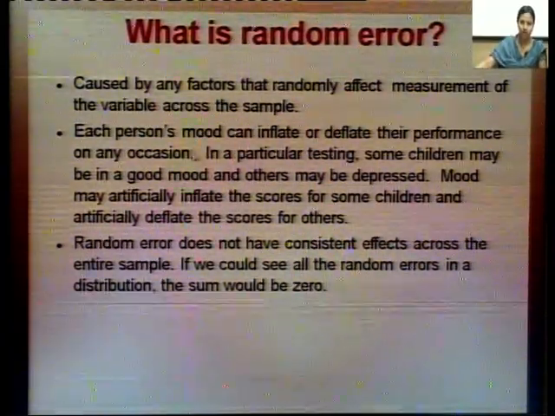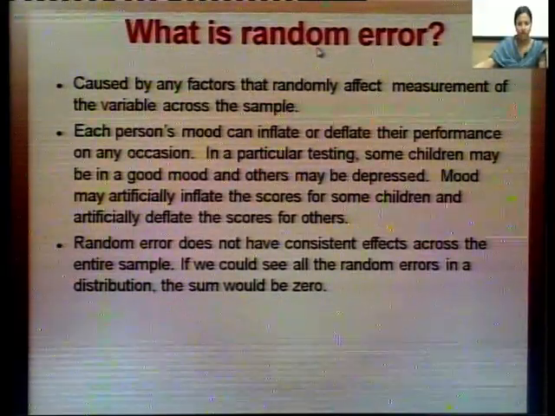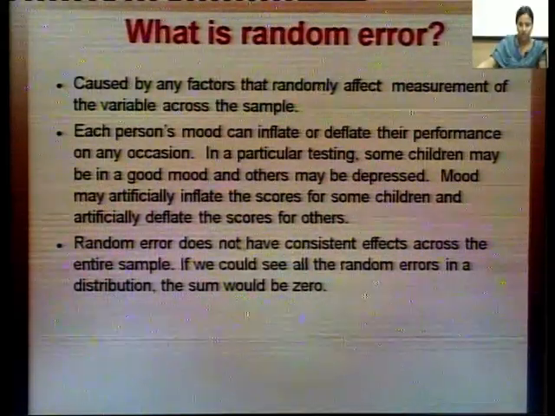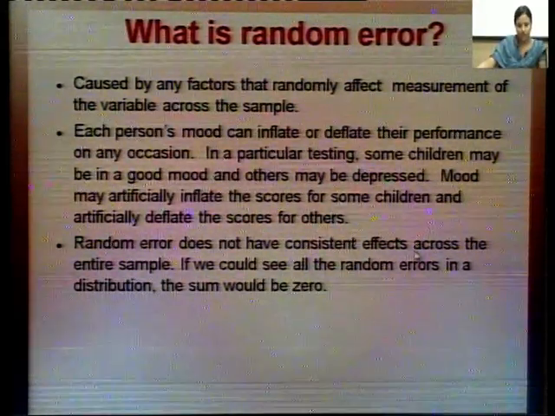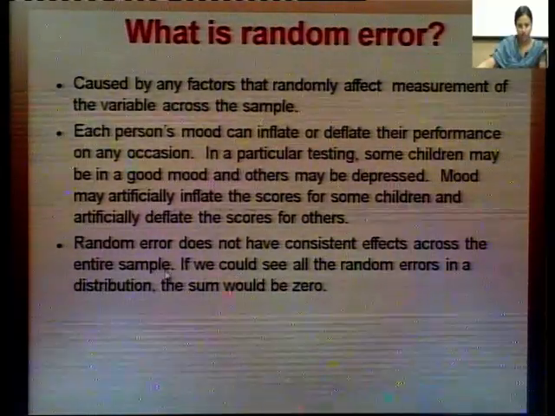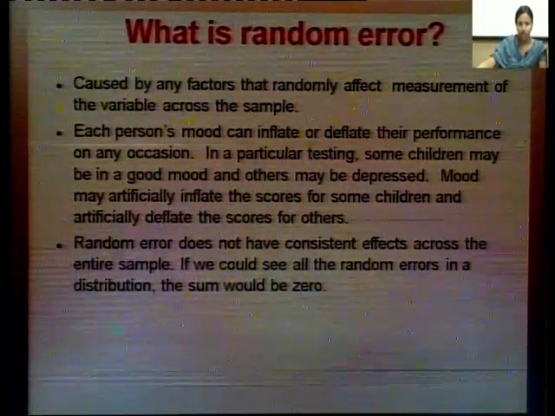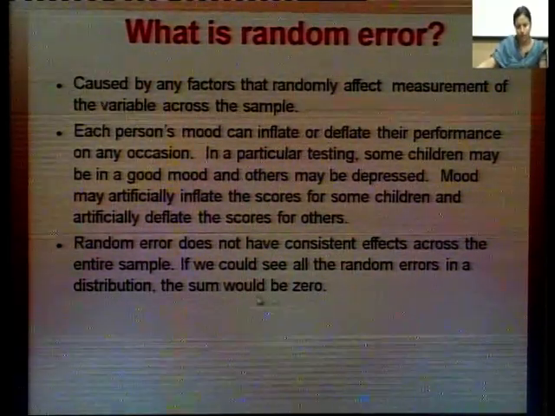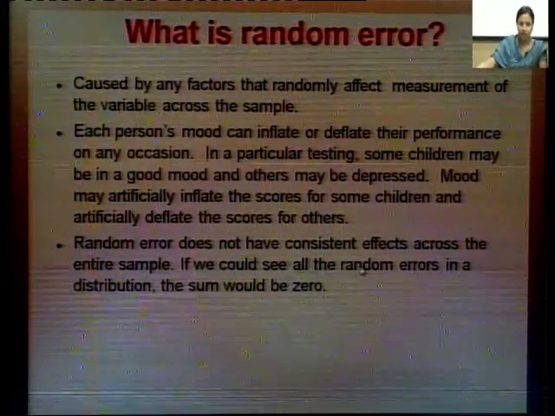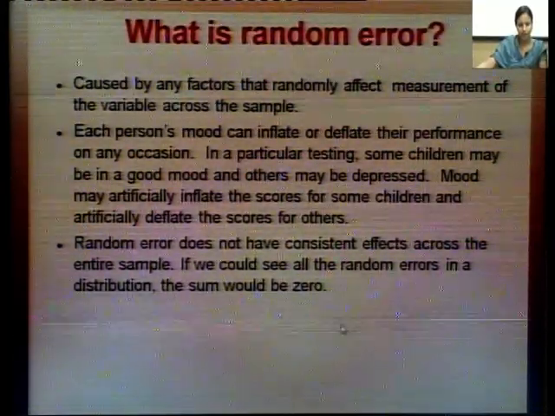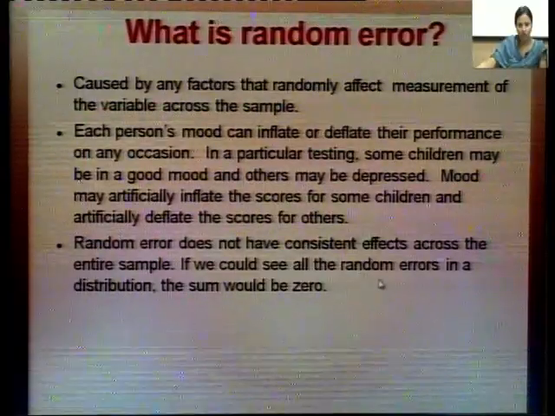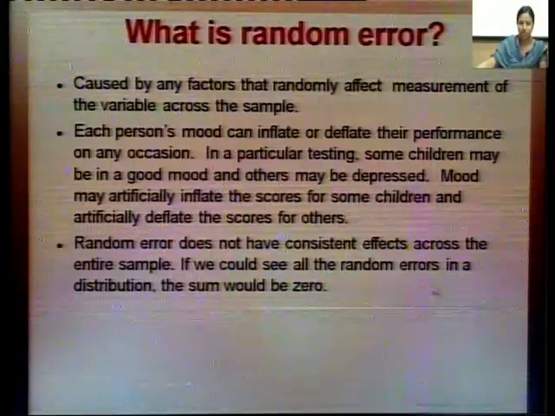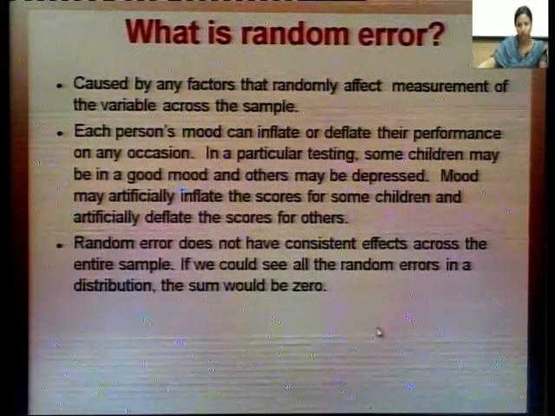So it is random error, it is due to unknown reasons. A random error does not have consistent effects across the entire sample. If we could see all the random errors in a distribution, then the sum would be 0, because the random error may be positive, may be negative. So some readings are on this side, some readings are on the opposite side. So the sum of all of them should be 0.